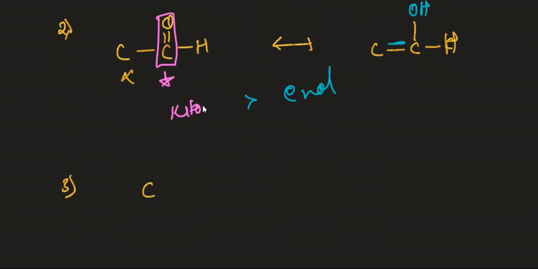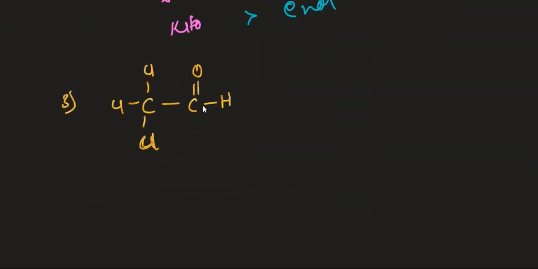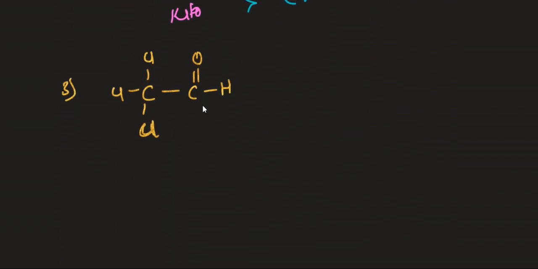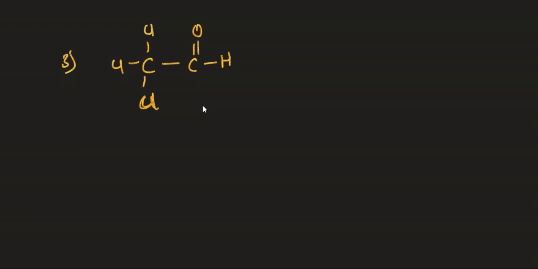In the third example, I'm going to take carbon, carbon, double bond O, H. Here I'm going to write chlorine, chlorine and chlorine. Now what happened here? First of all, let's check whether it is eligible or not. I'm not discussing the eligibility every time, but the first step you have to do is always check whether the given question is eligible or not, then you can proceed for the trick.